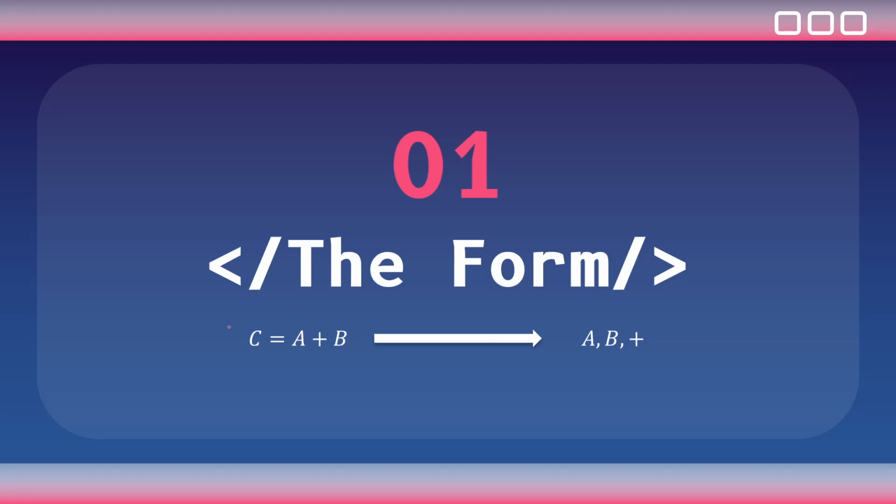For example, we have this operation, c equals a plus b. This method will convert this expression to another expression, and this formula is operand 1, in this case A, operand 2, in this case B, and then the operator sign.